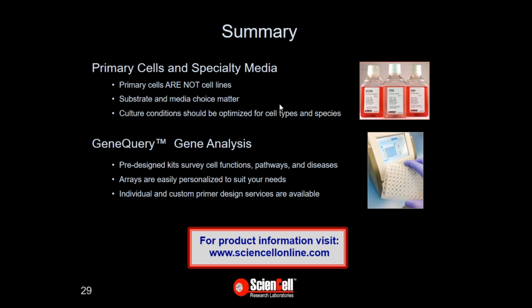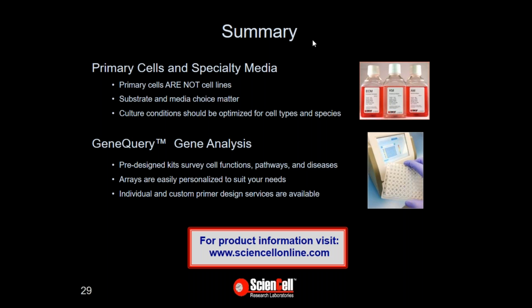So how does our media compare to other specialty media on the market? We have a lot of specialty media because we carry a lot of primary cell types. Our media is designed to be easy to use, so the growth supplement that comes with each media comes in one tube, so it's easier to put it all together.